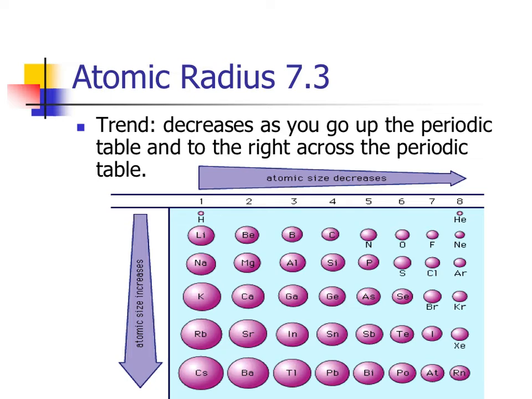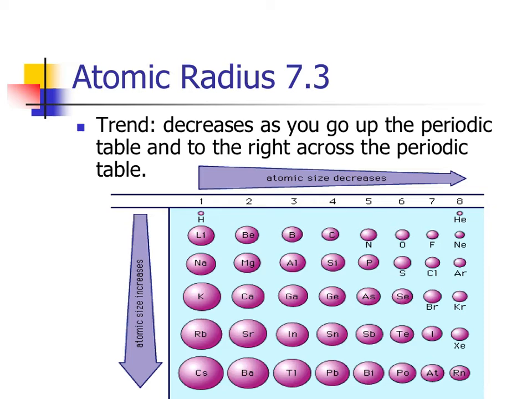I think that makes a lot of conceptual sense. If you look at your periodic table and you go from hydrogen to lithium to sodium to potassium to rubidium to cesium to francium, the atomic number is getting bigger.